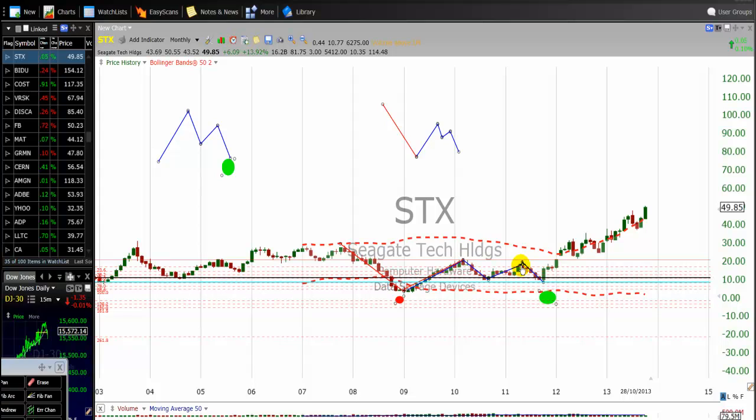The B to C can be between 38.2 and 88.6%, which means the price can go up more. But the C to D should bring the price into the zone of 78.6%.